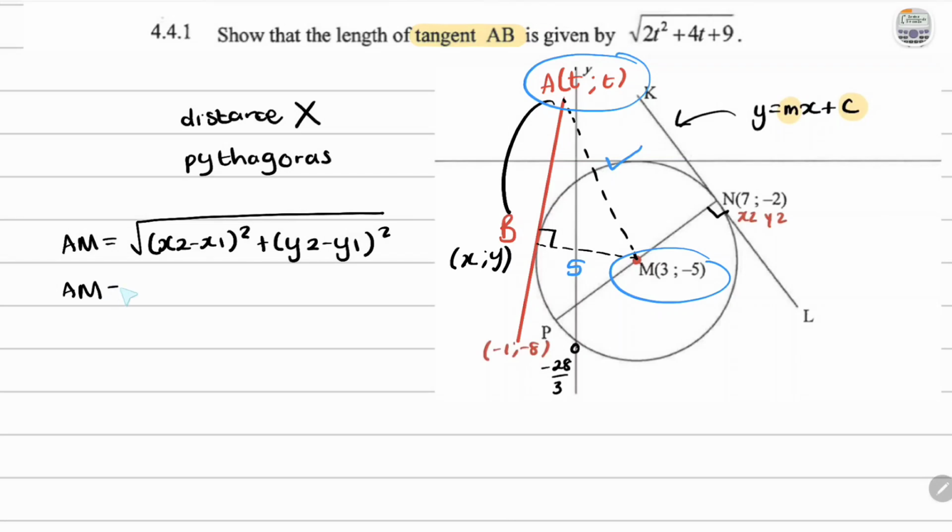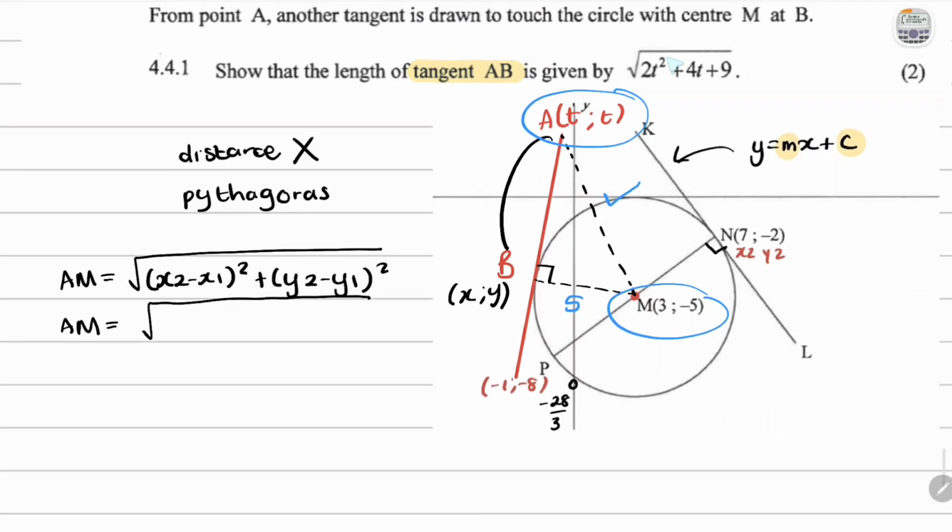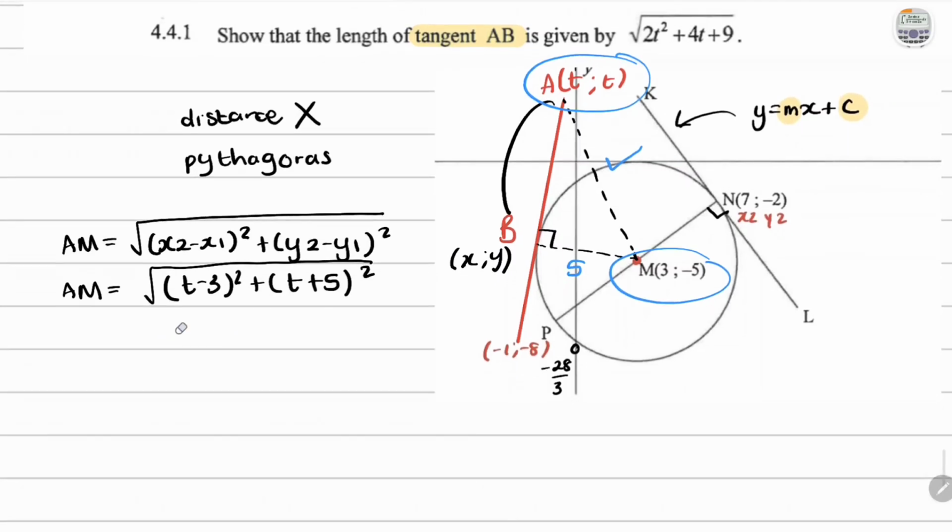So AM is equal to the square root of, let's start with the t, so A to M: t minus 3 squared, plus the y value, t minus negative 5, which becomes t plus 5, all squared. So this is what we have for AM.